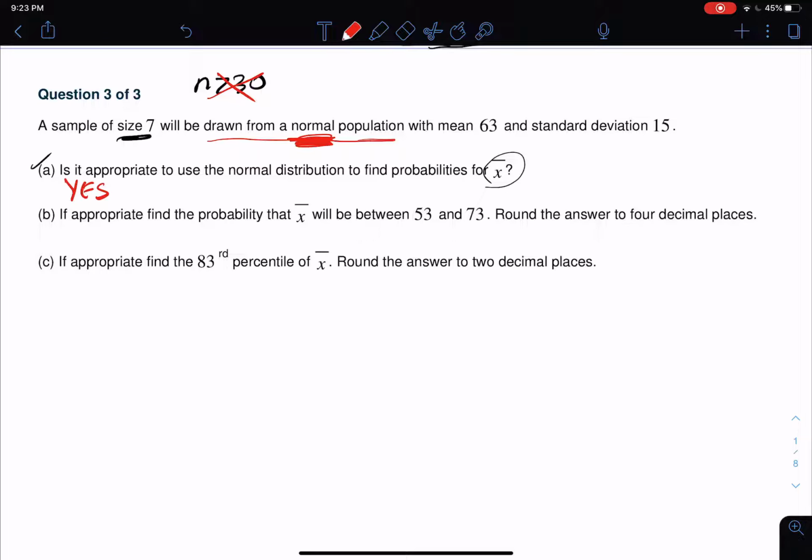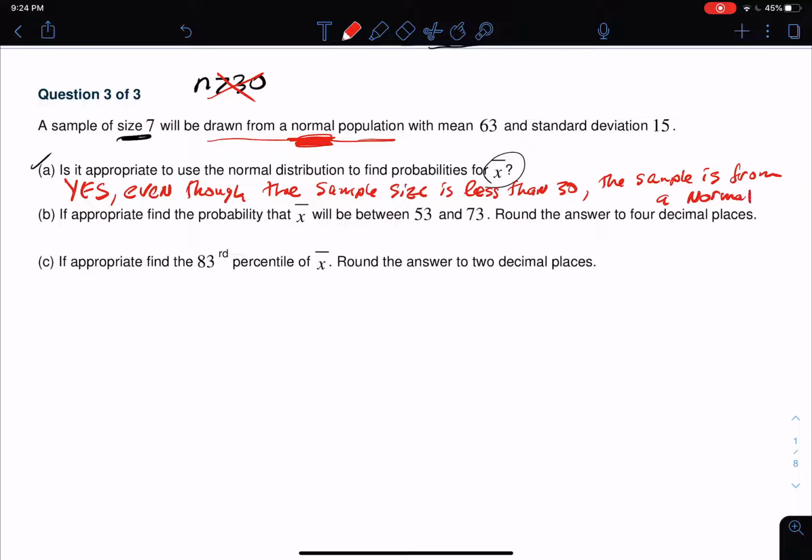Why is it appropriate? Well, because even though the sample size is less than 30, the sample is from a normal population.